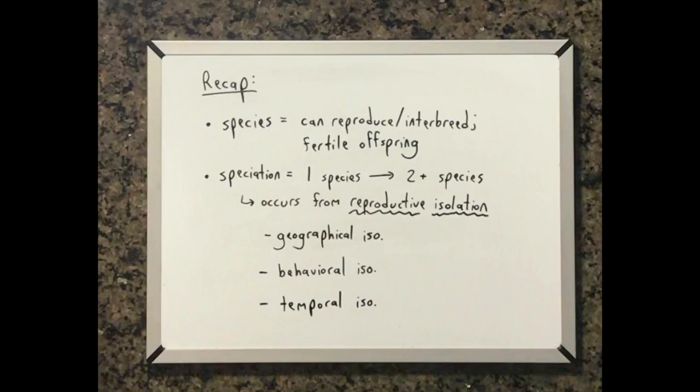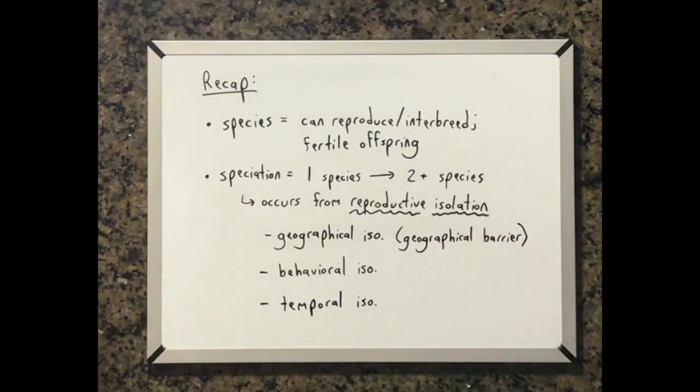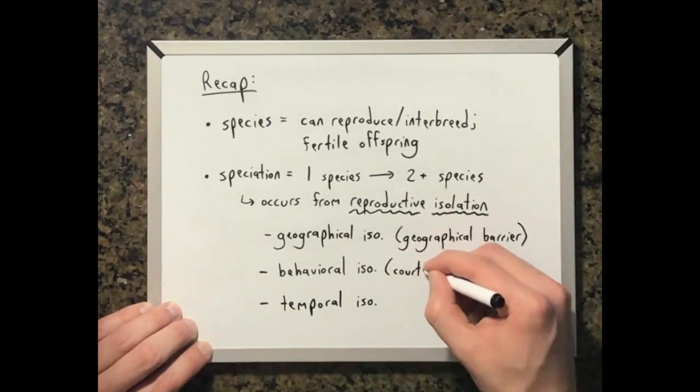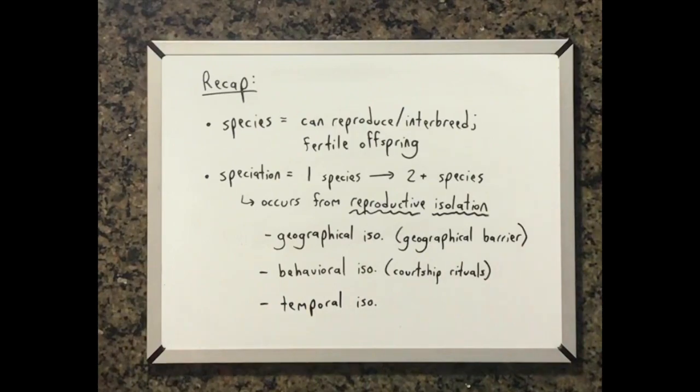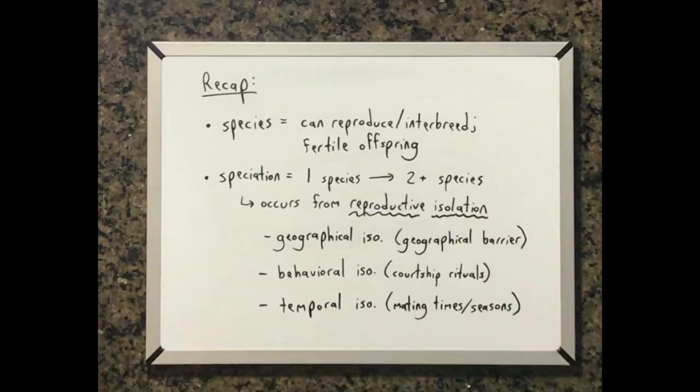Geographical isolation occurs when some physical geographical boundary prevents two subgroups from interbreeding. Behavioral isolation occurs when some difference in courtship rituals or mating preference prevents two subgroups from interbreeding. And finally, temporal isolation occurs when two subgroups develop different mating seasons or times, leading to the divergence of the two species.